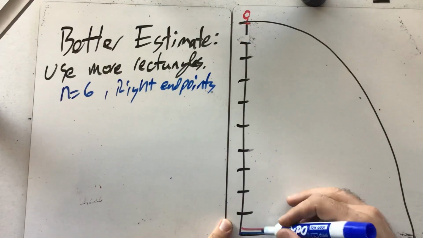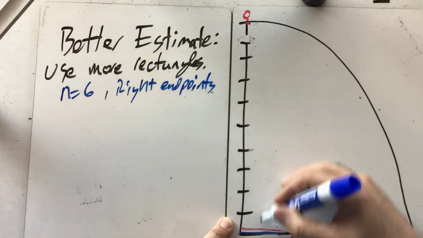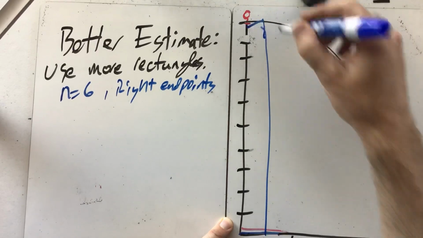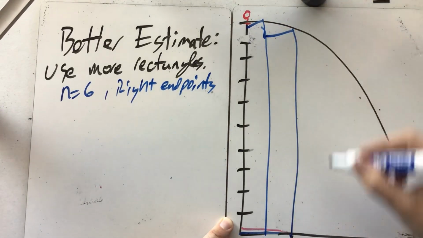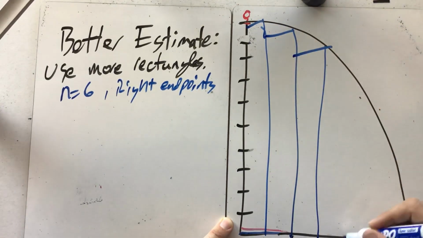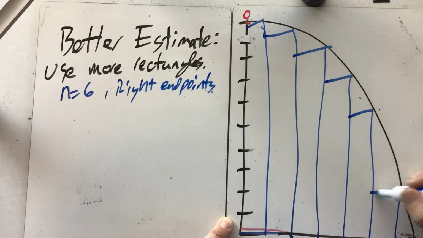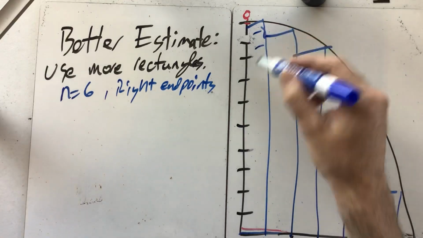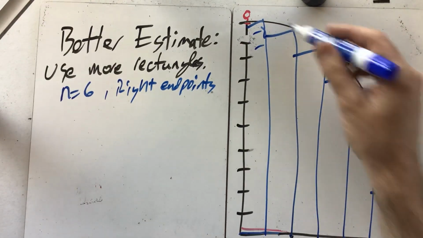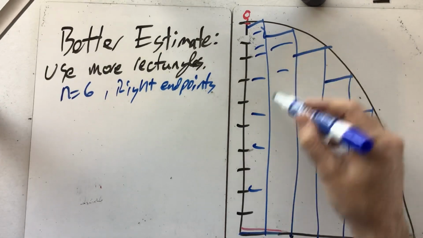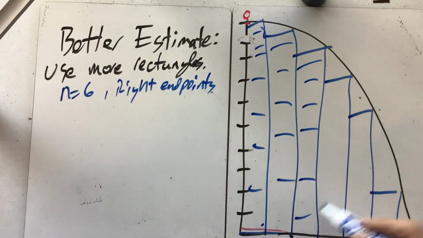What would we get? Well, now notice our picture would look like this, and I would have that rectangle right here, that rectangle right here, that rectangle, that rectangle, that rectangle, and that rectangle. And so now notice how less white space there is on the side, and that's because our estimate has become better and better.